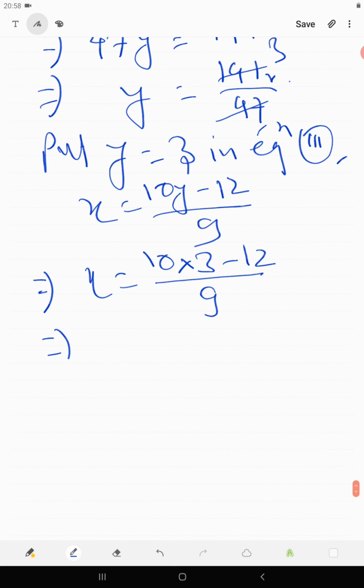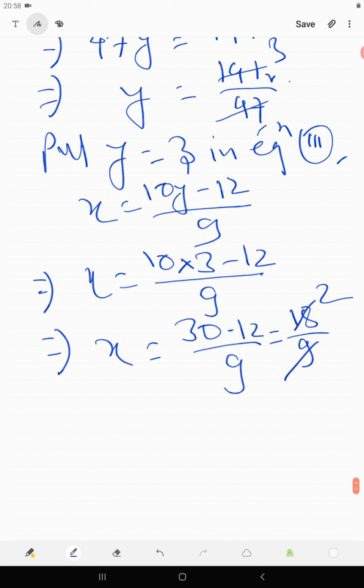Correct? So x equals 10 into 3 is 30, minus 12 by 9. So 30 minus 12 is 18 by 9. 9 2s are 18. So we have got x equals 2 and y equals 3. So this is our solution for question 6.